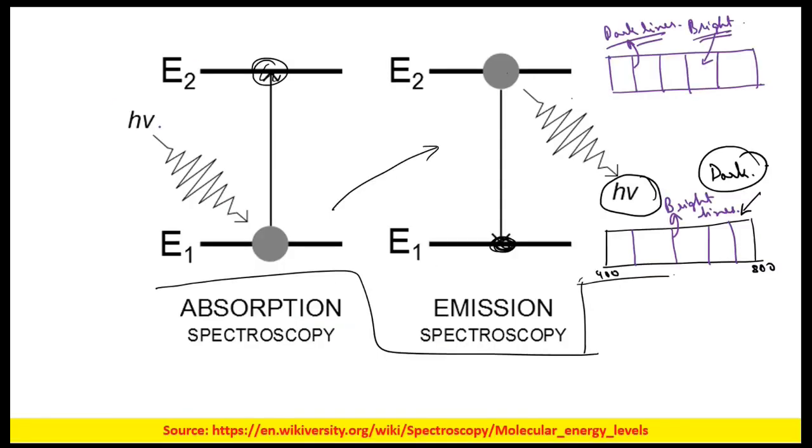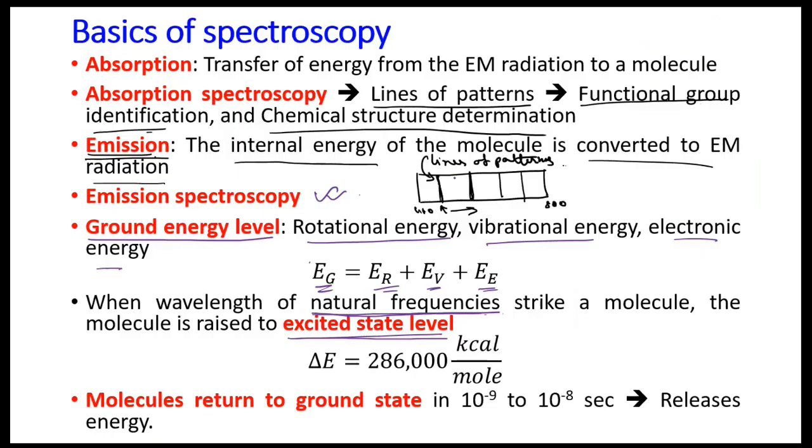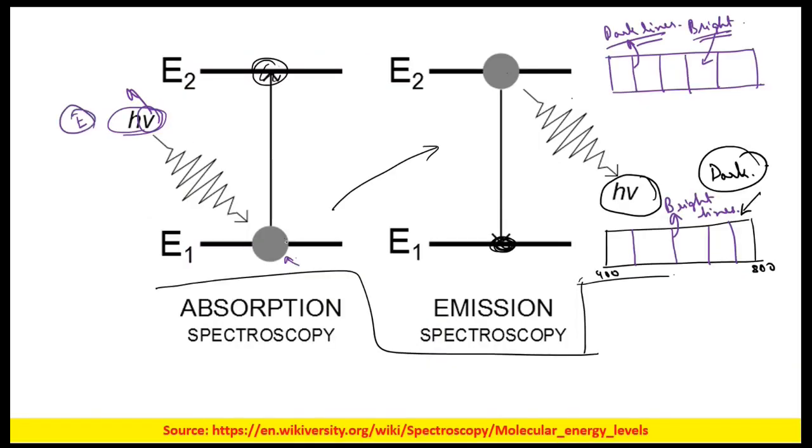So that means this h mu, what is this h mu? H mu is nothing but energy. When the energy of this photon and the energy of this electron match, then only it will go to the excited state, and that's why you would get these specific lines of patterns. Until and unless this energy and the energy of this electron match, it will not go to the excited state.